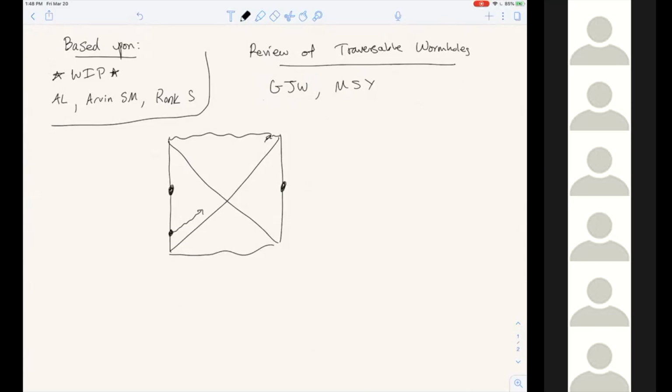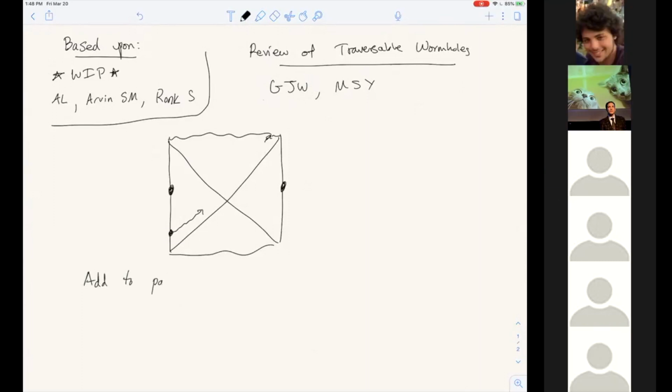So effectively what you do is you add to the path integral a factor that looks like e^{iλK}. Lambda is a coupling, and K I'm going to think of as an integral over both space and time of a left-sided operator times a right-sided operator.